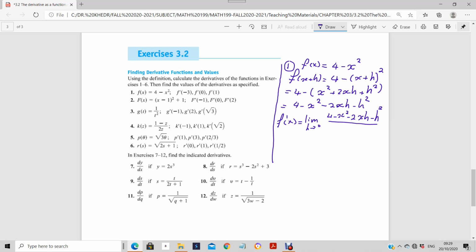This is the first term in the definition, minus f of x. F of x is 4 minus x squared, so this is minus 4 minus x squared. All these in the numerator. So the denominator will be h.